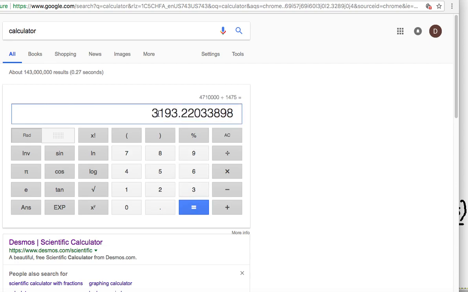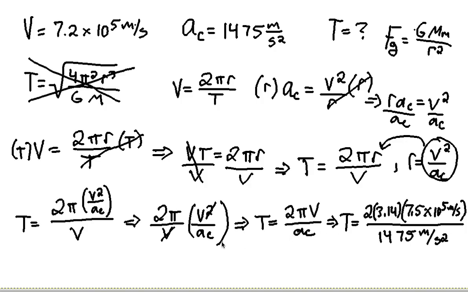And we get 3,193.22. So 3,193.22. Let's look at our units here.